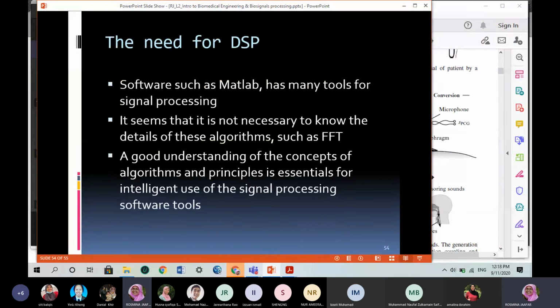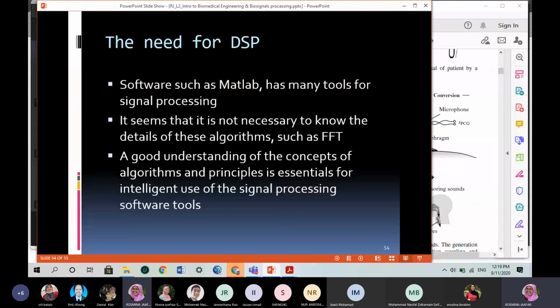Okay. Now, the need for digital signal processing: software such as MATLAB has many tools for signal processing. It seems that it is not necessary to know the details of the algorithms, such as the FFT, fast Fourier transform. It is a built-in function whereby you can simply use the fast Fourier transform algorithm to do signal processing using MATLAB.